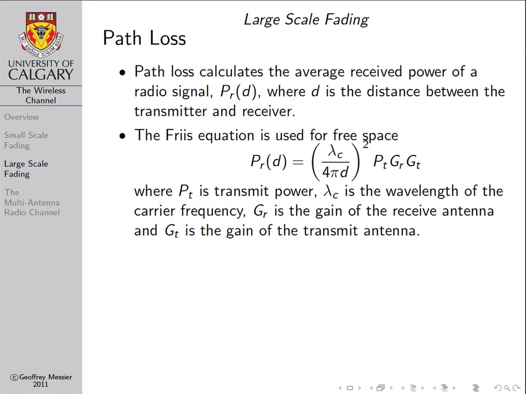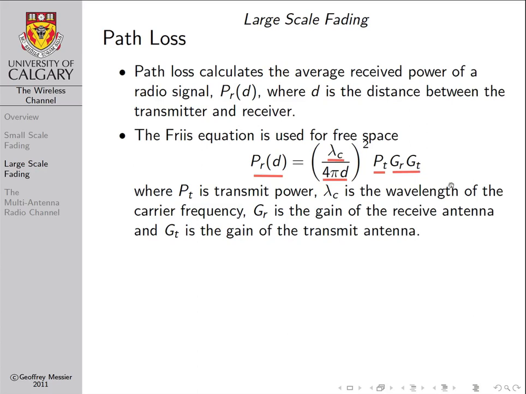And when you have this, you end up getting your received power as a function of distance equal to the square of the wavelength of your signal divided by 4 pi times the distance between the transmitter and the receiver. And then this factor is multiplied by the transmit power and also the gains of your transmit and receive antenna.